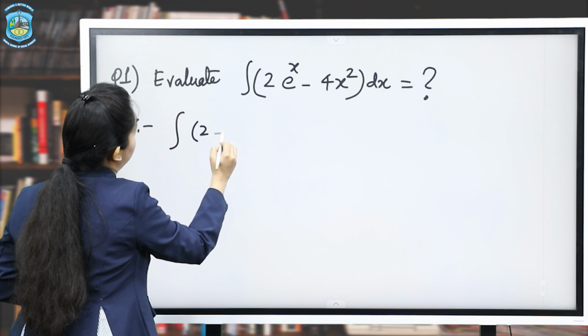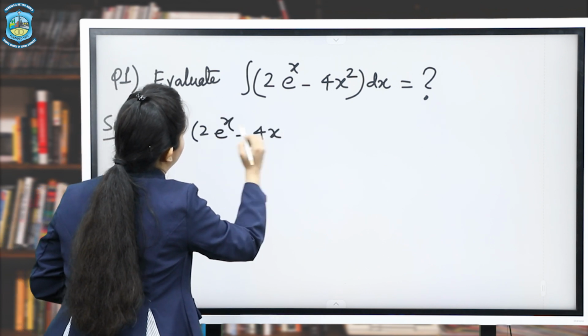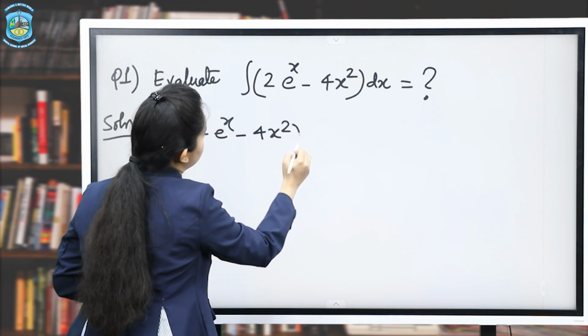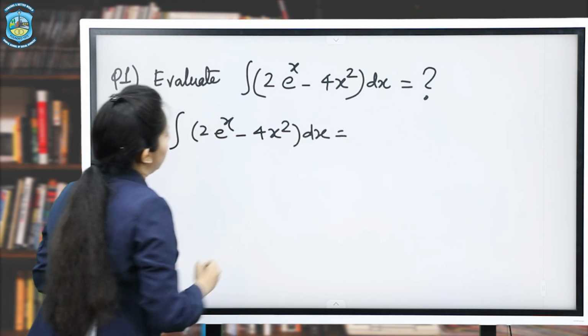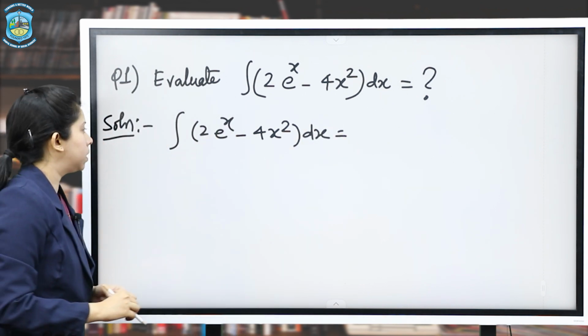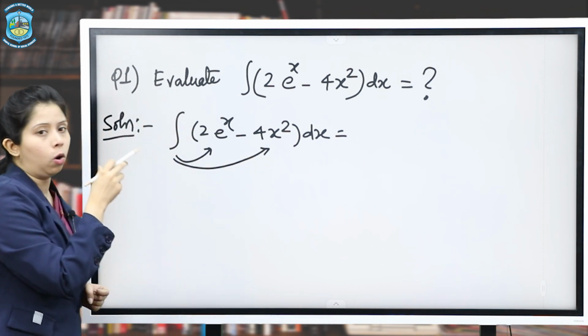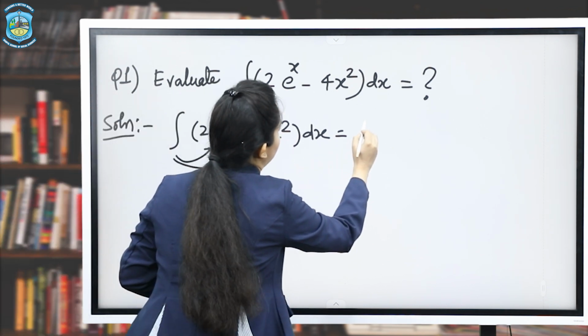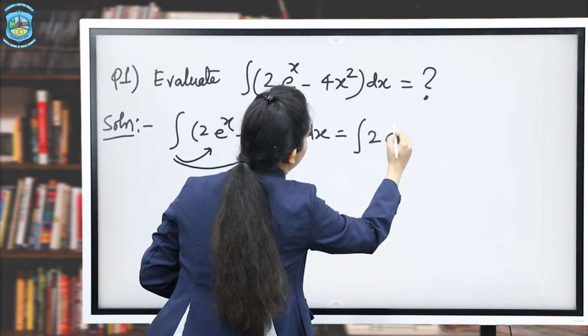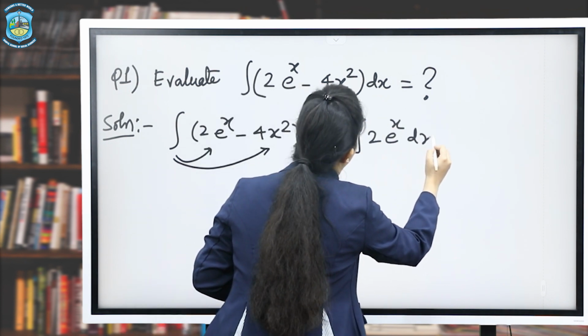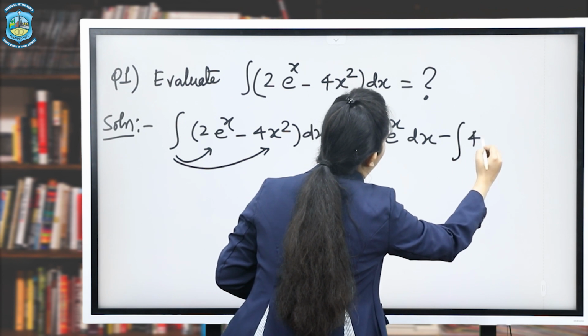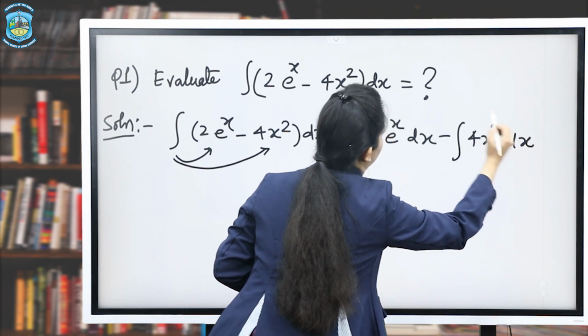we will write the integral of 2 e raised to the power x minus 4x square dx. Now, since we have two terms, this integral will be distributed over both the terms. That is, we can write it as integral 2 e raised to the power x dx minus integral 4x square dx.